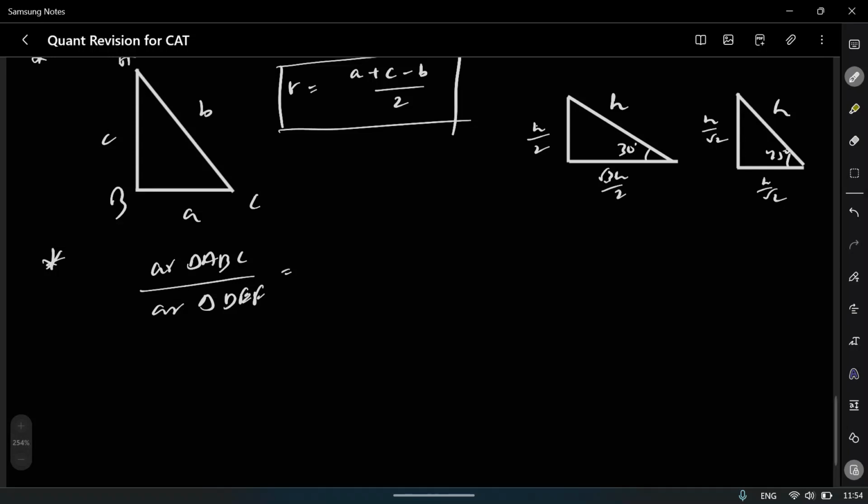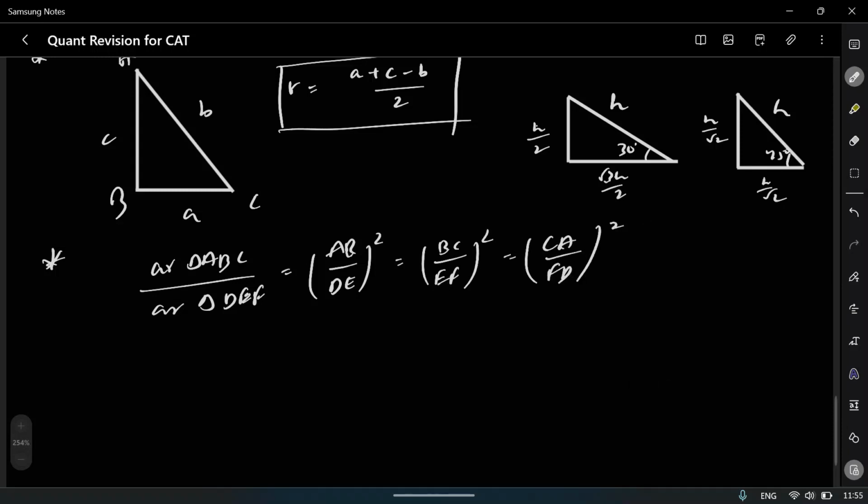Area of triangle ABC by area of triangle DEF equals AB by DE whole square, equals BC by EF whole square, equals CA by FD whole square.